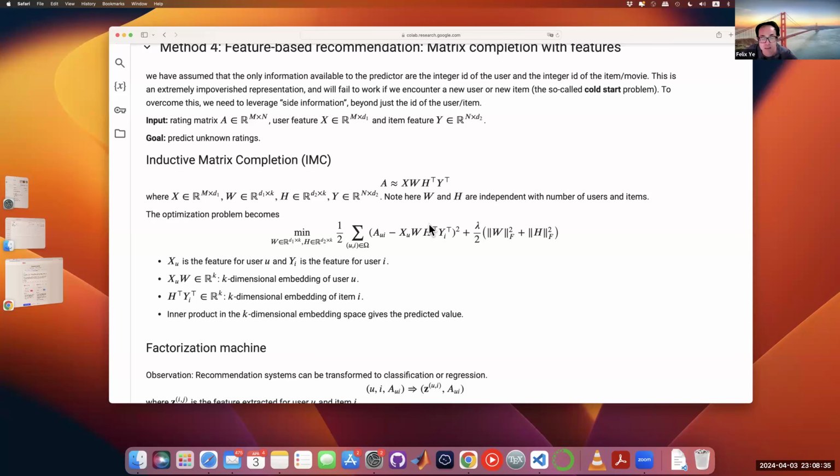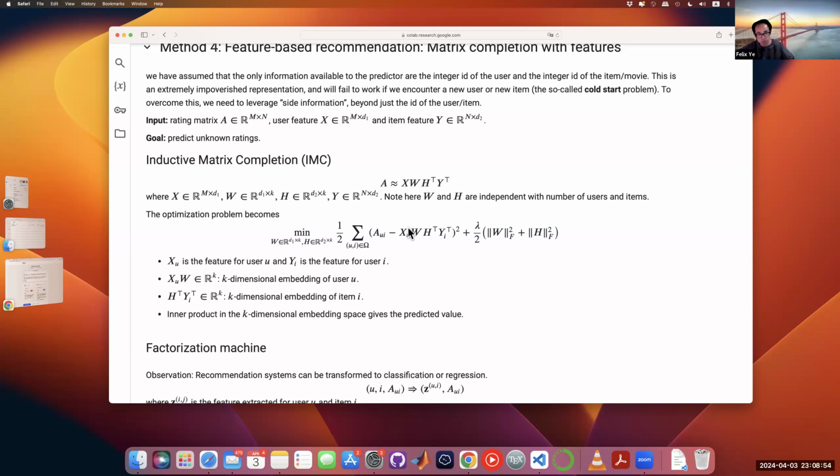You multiply these together to get the embedding for the user u and for the item i, and this inner product will give you some predicted value.